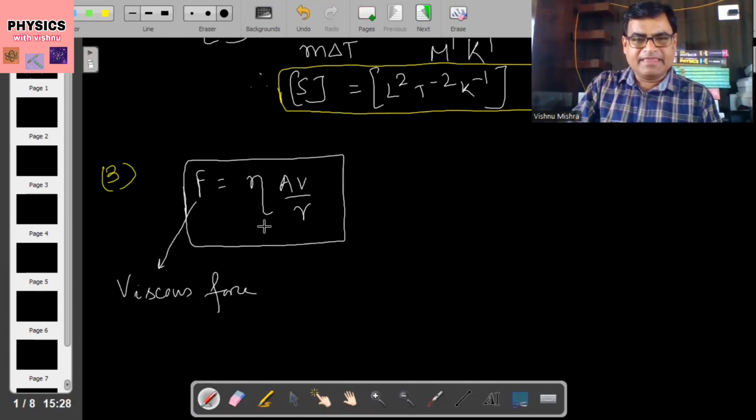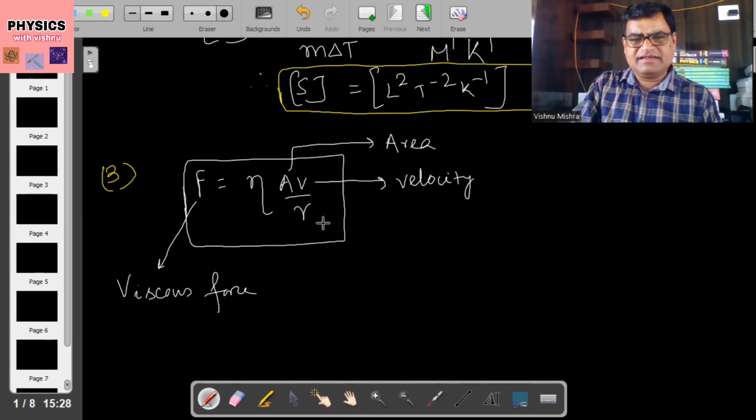Next, A is the area. V is the velocity. D is the distance between the two layers of liquid, I am writing distance only. And eta is important.